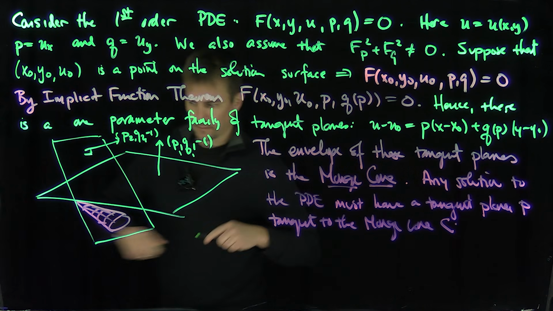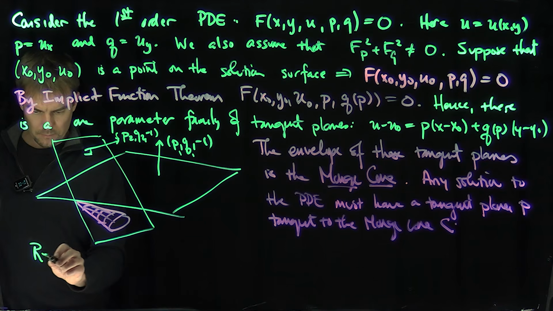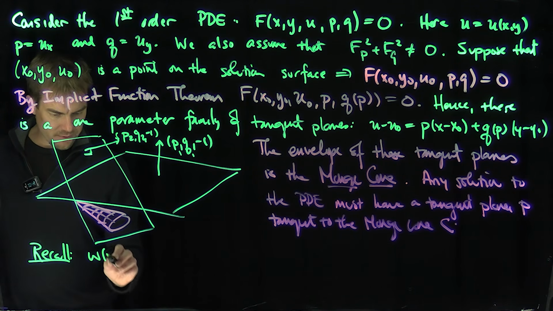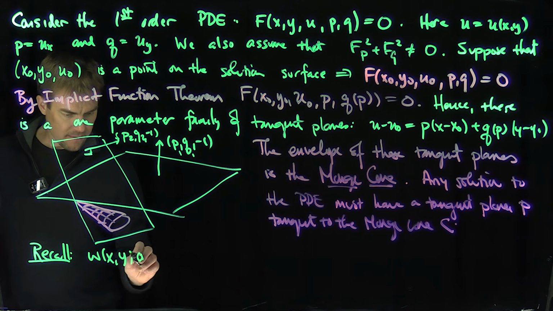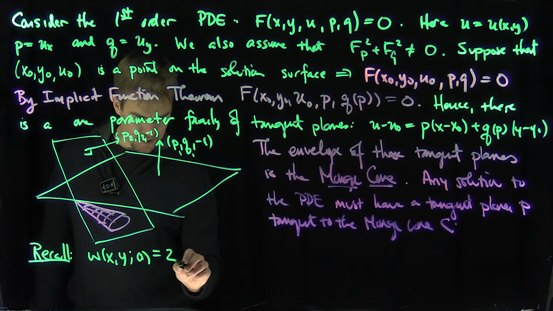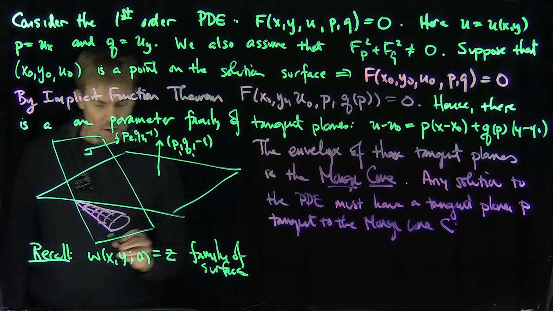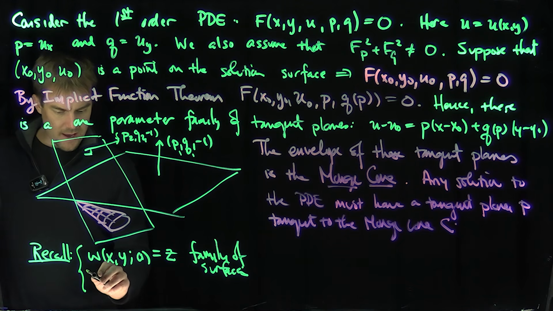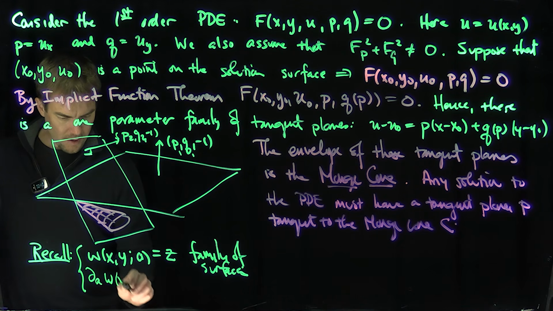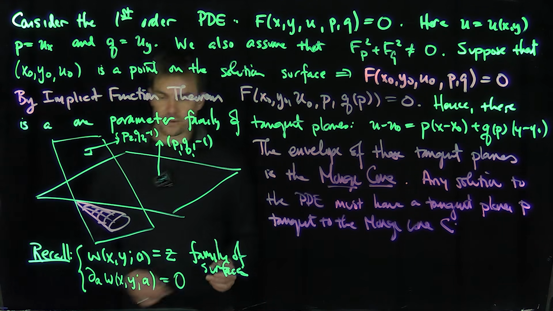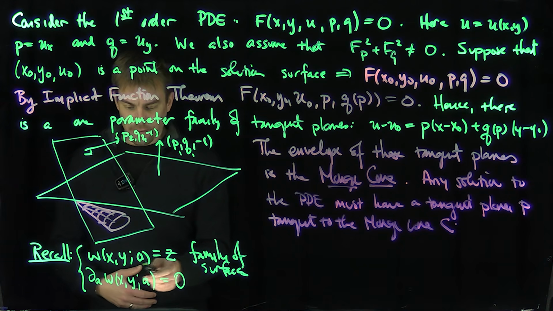Recall, if you have a family of surfaces w of x, y, and a equals z, then you can differentiate this equation with respect to a, so partial a of w of x, y, a is equal to 0. And you can solve these equations to find a as a function of x and y.